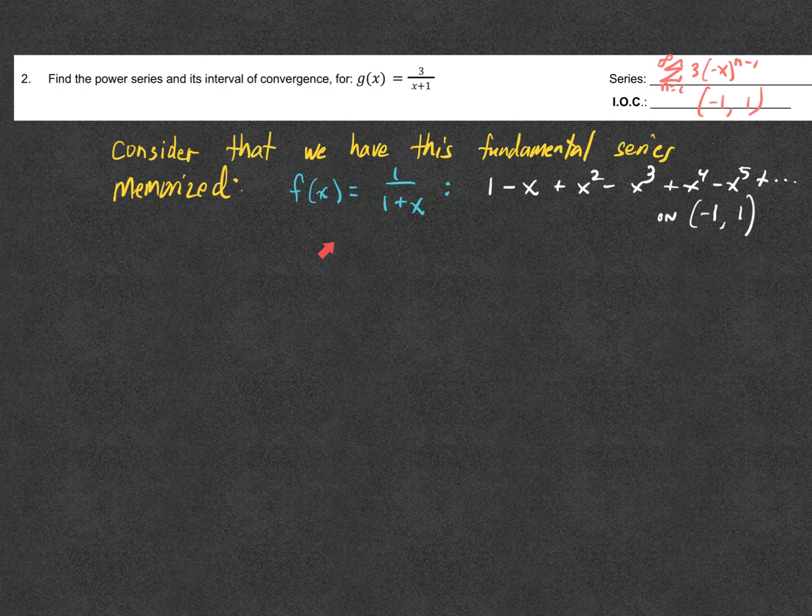This is one of the ones that we have memorized. Then we could have simply applied this transformation, a vertical stretch, by a factor of 3. And this might actually be easier than the other way and faster. This function is exactly 3 times this well-known basic fundamental function whose series we know and whose interval of convergence we know.